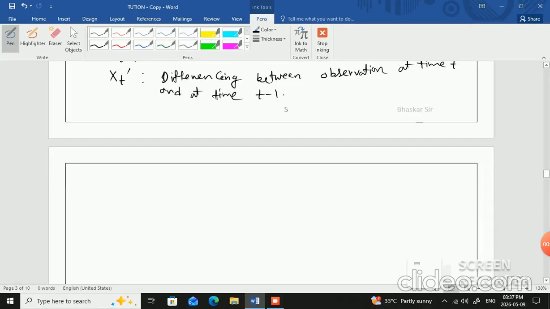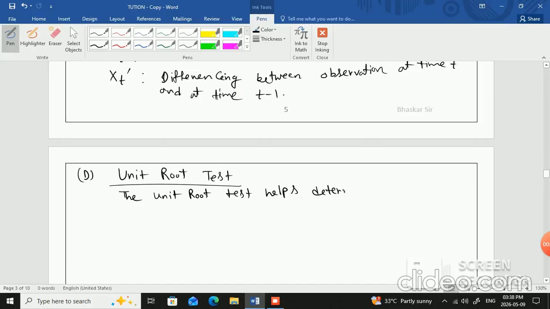Last, another test is the unit root test. The unit root test helps determine whether a time series is stationary or not.